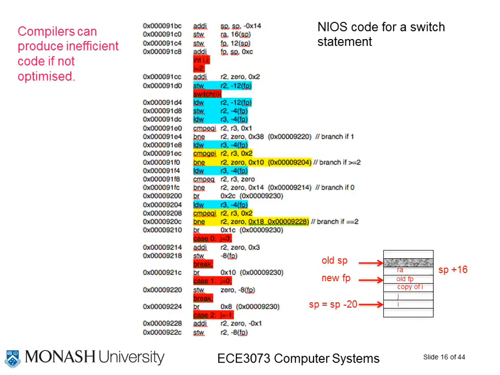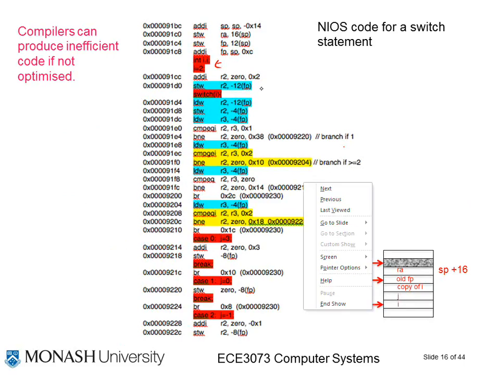Okay, and this is an example of how your basic compiler can often be inefficient. This is an example of a switch statement with your various code. I have my C code in red and various bits to look at highlighted in cyan and yellow.